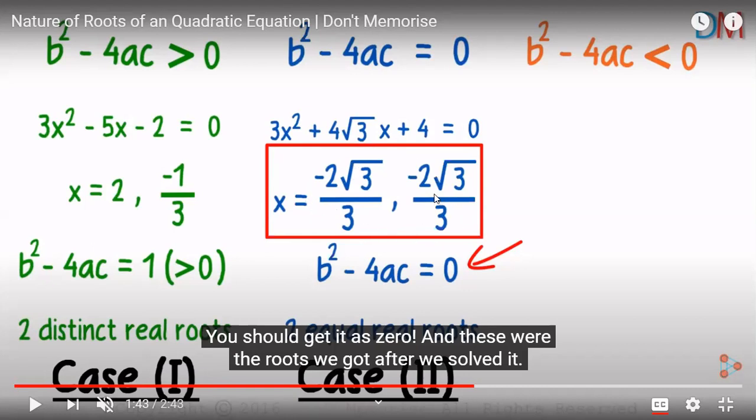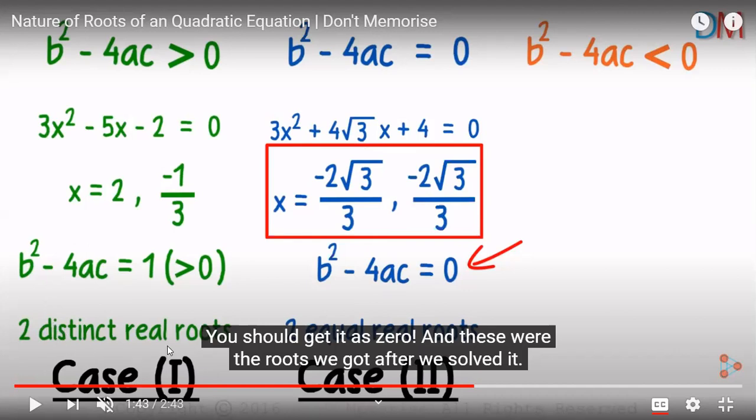We have two same real roots, and you did this in the previous exercise 1.2, where you also found the number of roots when the equation is a perfect square. If b square minus 4ac equals 0, the number of roots is 2, but both are the same root.